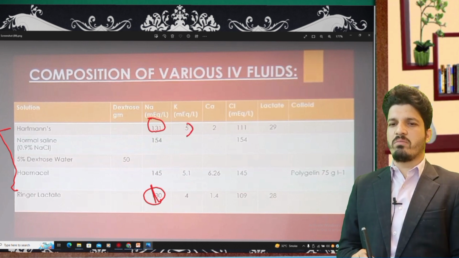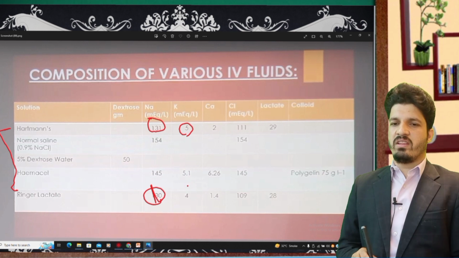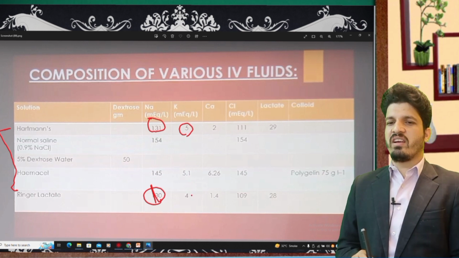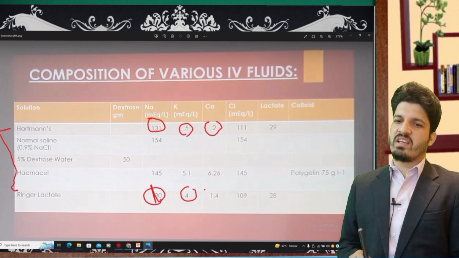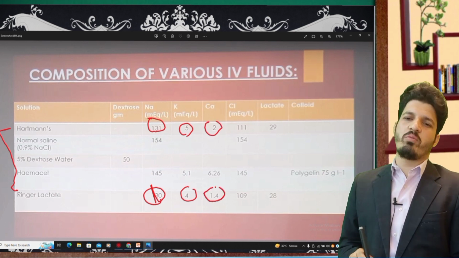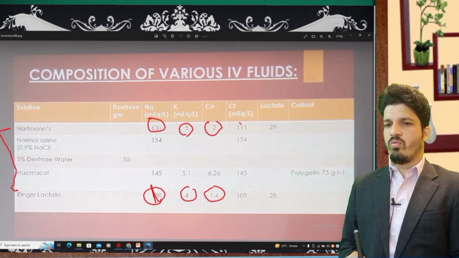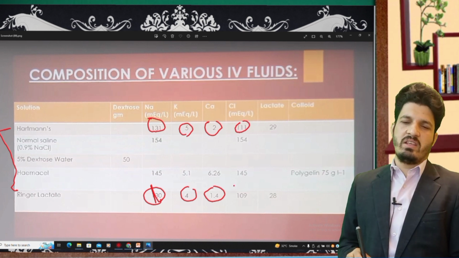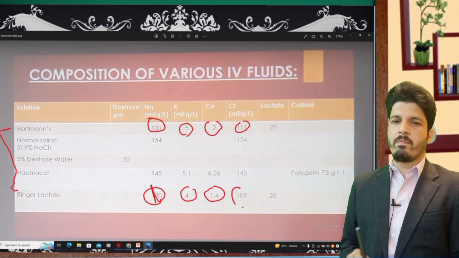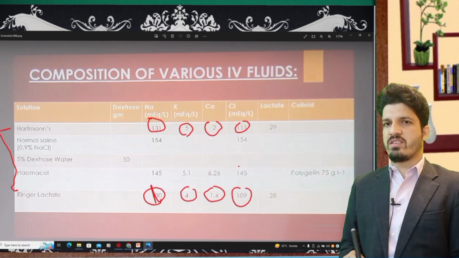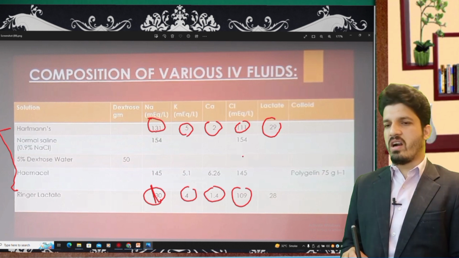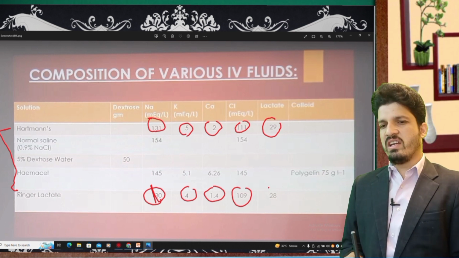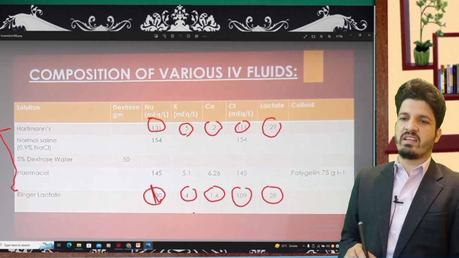Same way potassium is 5 in the Hartmann and 4 in the Ringer lactate, and calcium is 2 in the Hartmann solution and 1.4 in the Ringer lactate, chloride 111 in the Hartmann and 109 in the Ringer lactate, and lactate component is 29 in the Hartmann and 28 in the Ringer lactate.